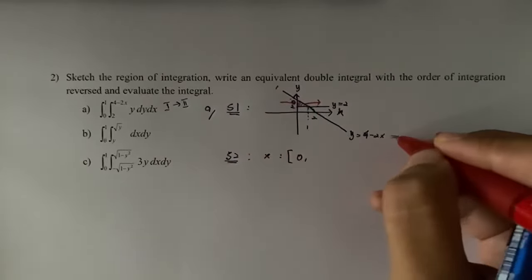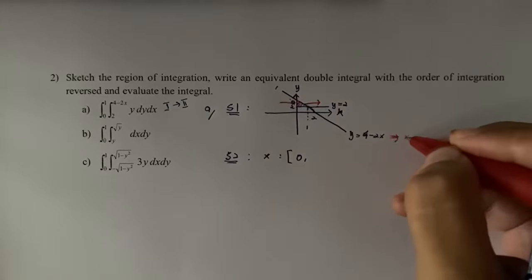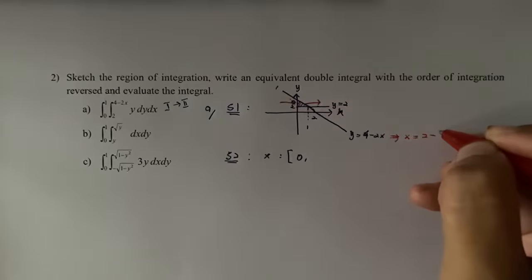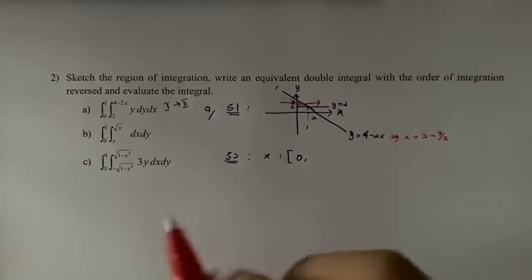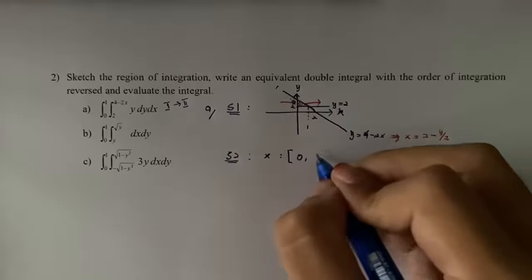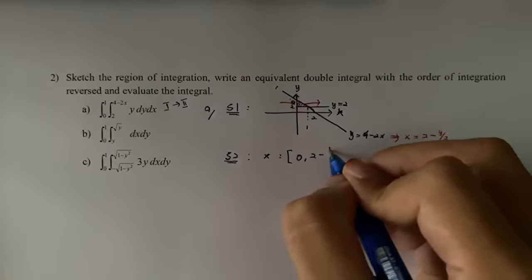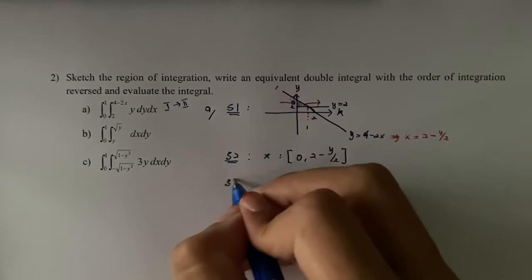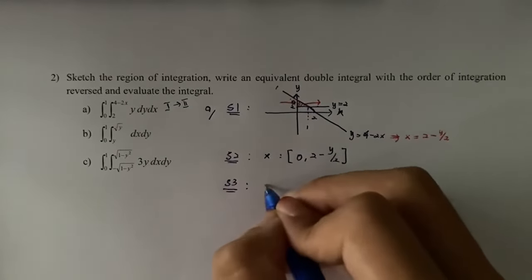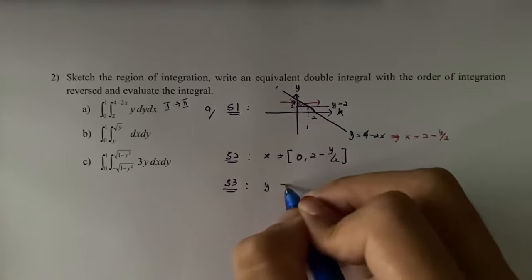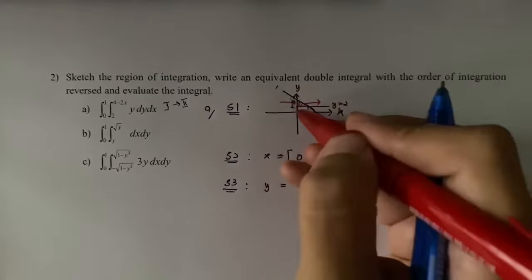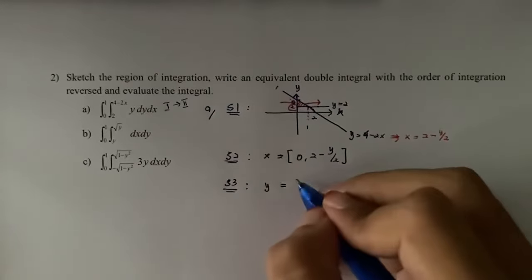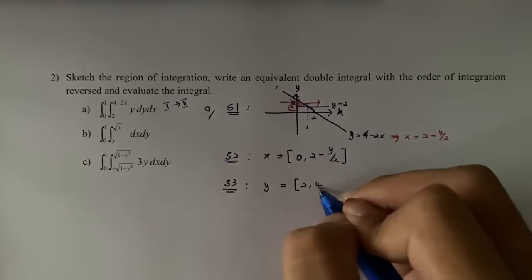When you write this in terms of x, you have x equal to 2 minus y over 2. So this is the upper limit of x. Third step, the y limit, obviously, is from 2 to 4.